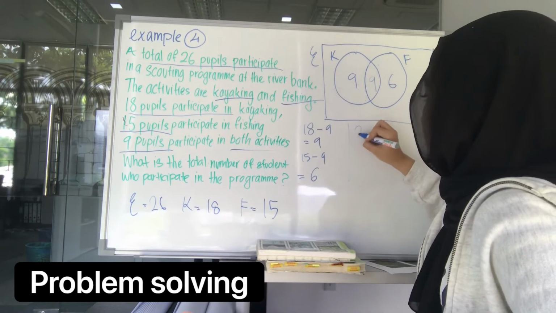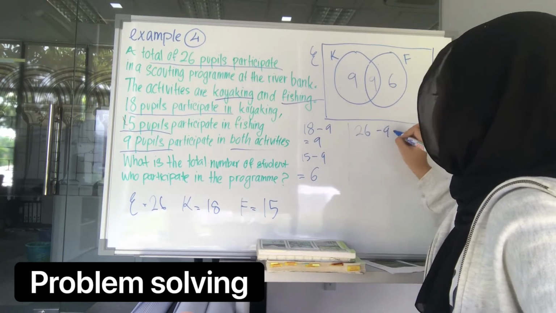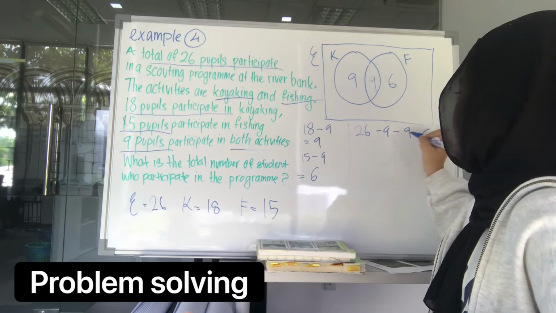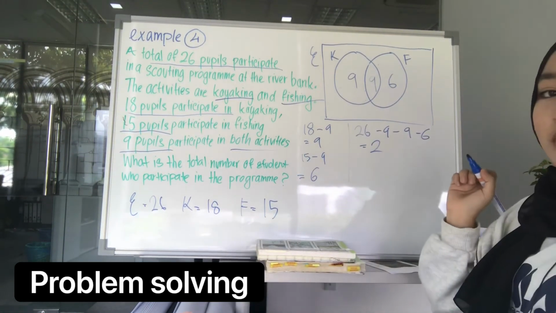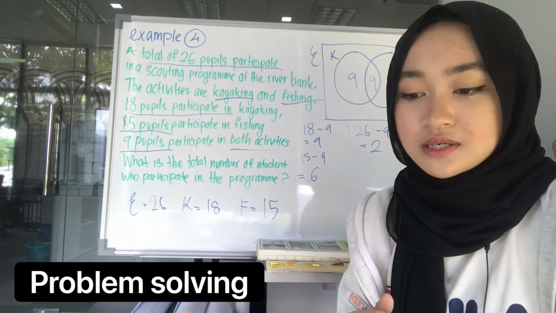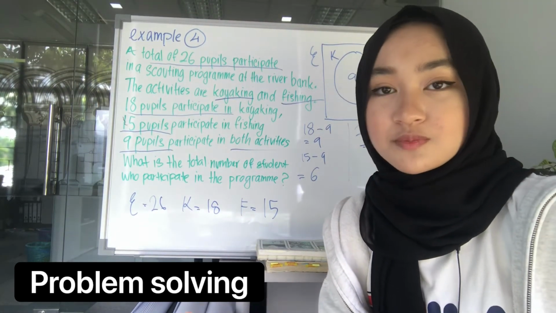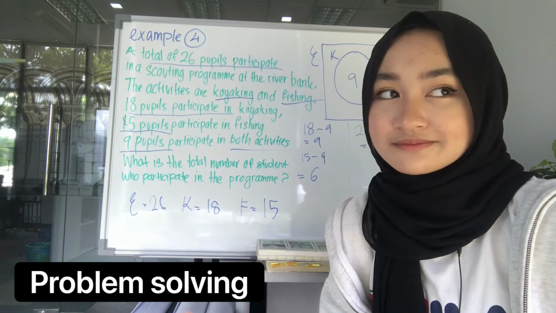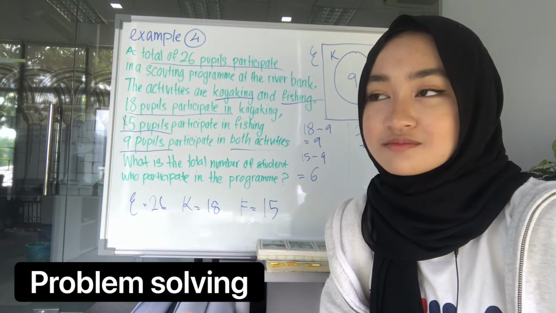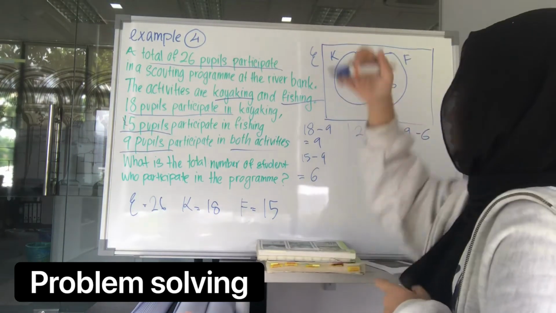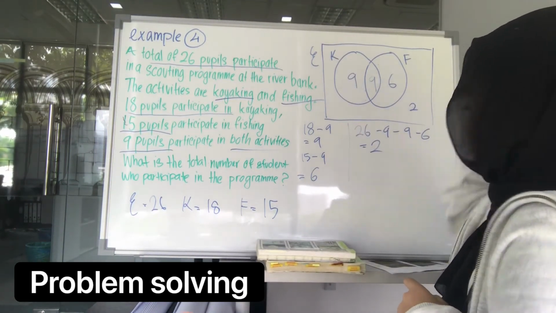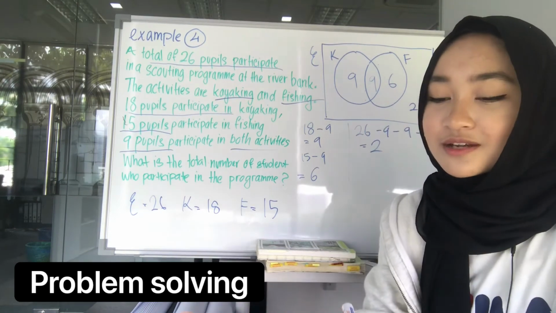So 26 minus 9 minus 9 minus 6, and we'll get 2. Okay? So the answer for the total people who do not join any activities is 2 people. So we're going to write 2 outside of the sets, okay?